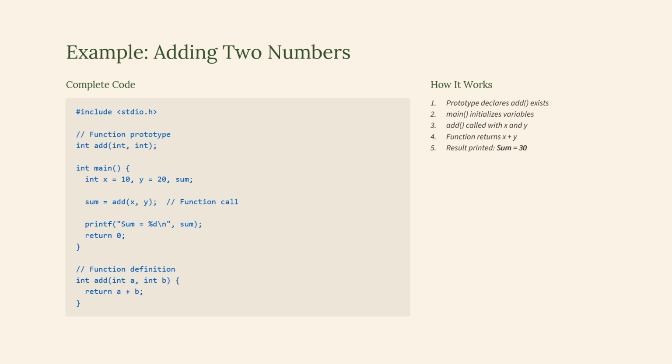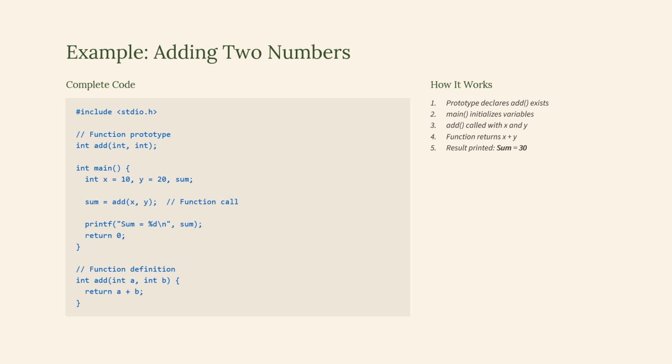In main, we are going to declare x and y and sum. And by using sum, we are going to call the function. This is where the function call happens. Next, by using a printf statement, we are going to print the result. In the function definition, we are going to perform the sum of a plus b, and return it to the calling function.